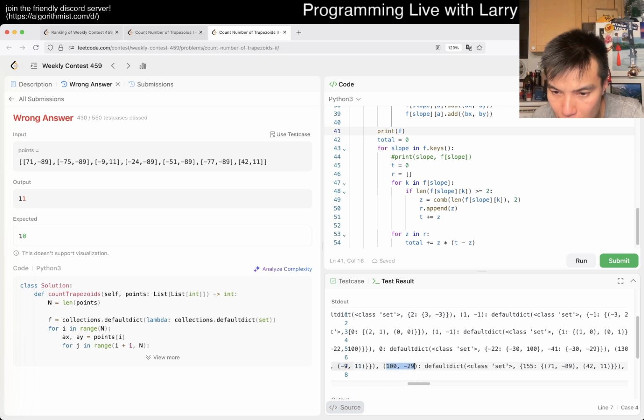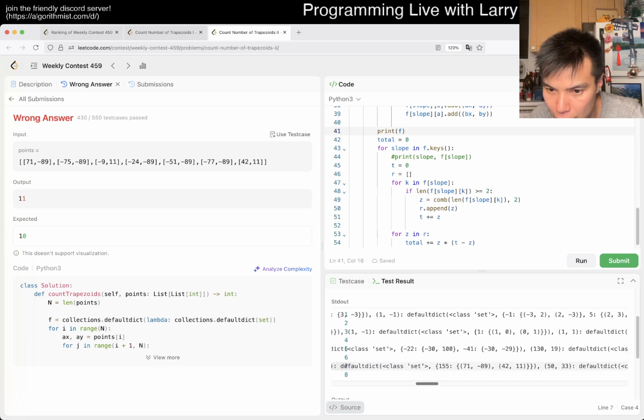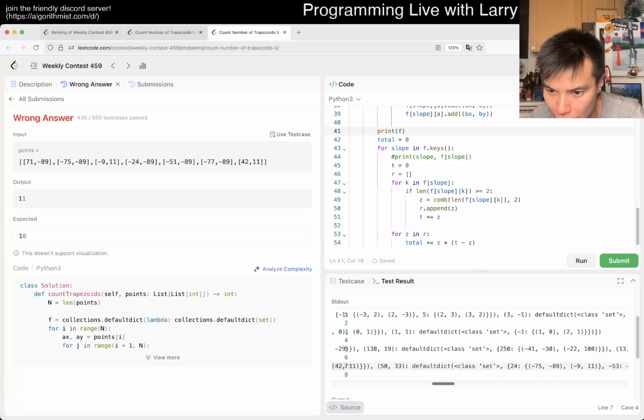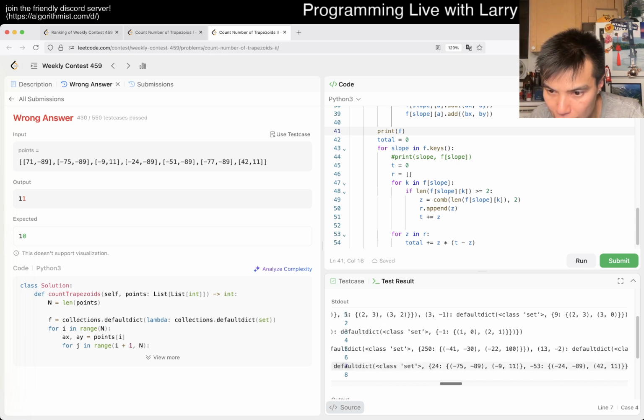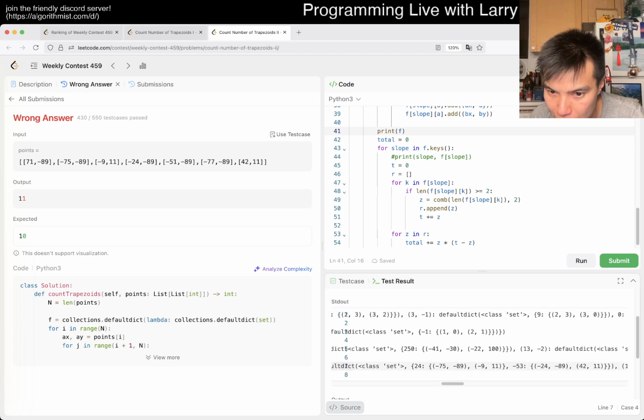Huh. No, that also has 2 points, so that doesn't do anything. 50-33 doesn't do anything. Wait, no, this is the one that does something. 50-33 is the one where there are two things, and this creates the extra 1.